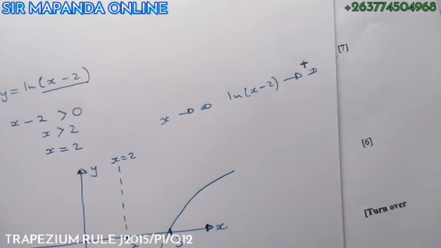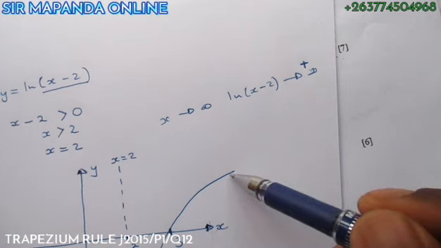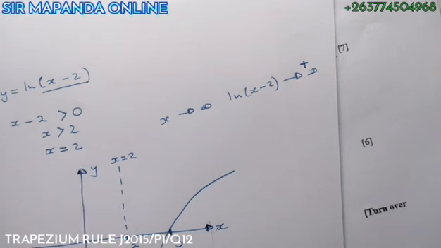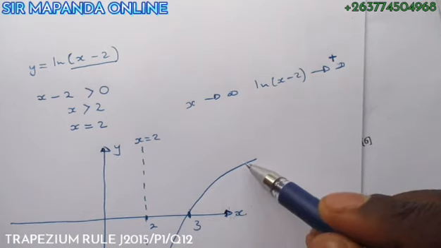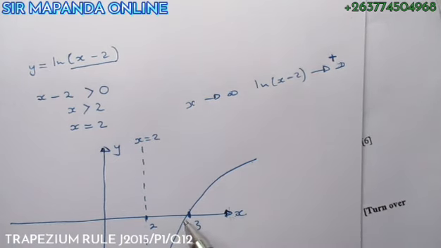I hope you are following, class. So it means if we increase the x value, we continue to have something which represents a positive value of y. I hope you are following. That's why this upper graph is above the x-axis and this lower part is below the x-axis.